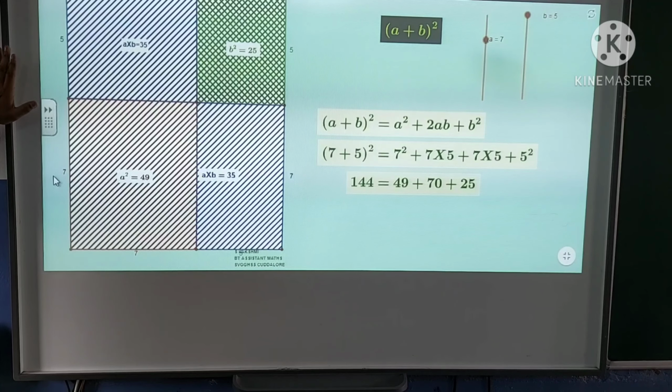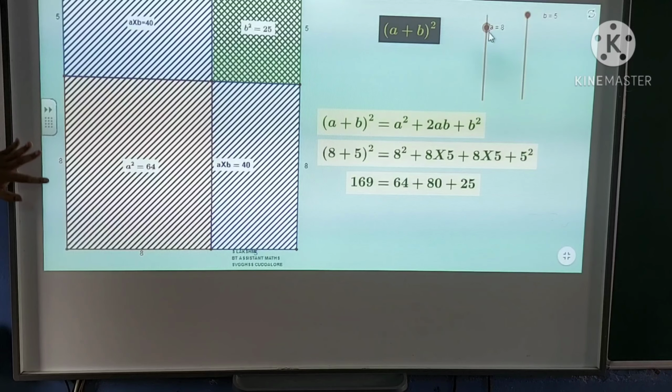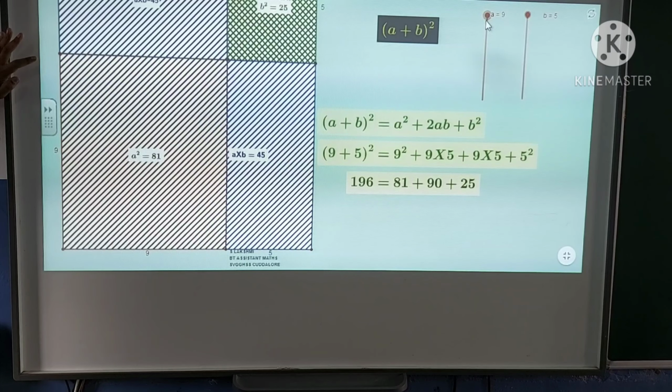So 7. Next I drag the a value to 8, the diagram is changed. So 9 is the last value. I choose the last value 9. So 9, 5 is a constant, it is just not changed.